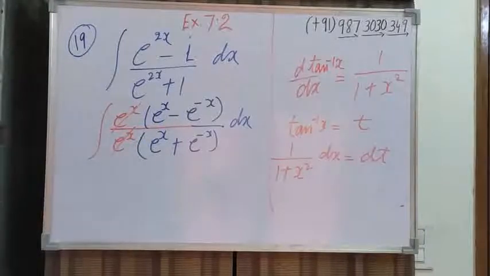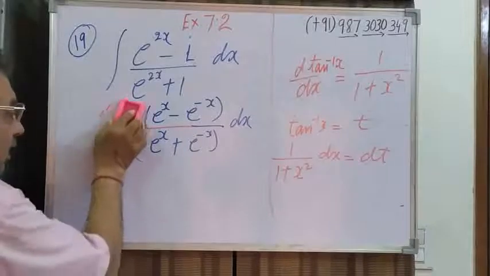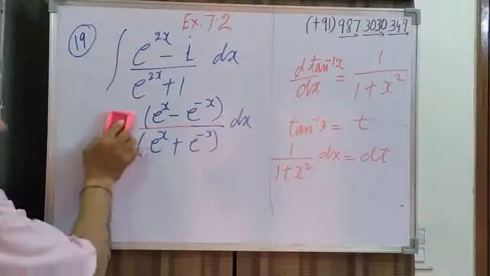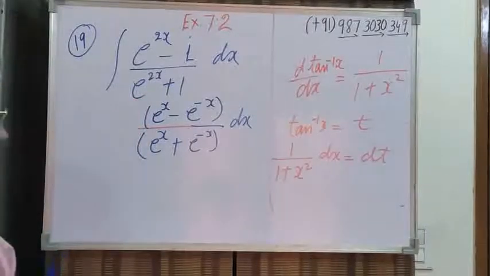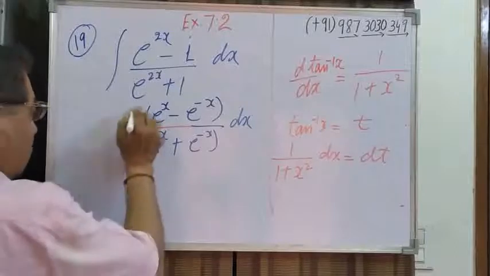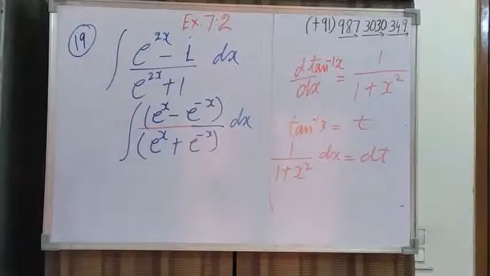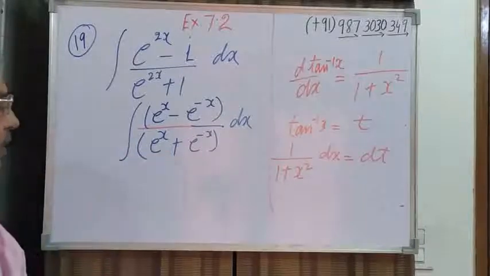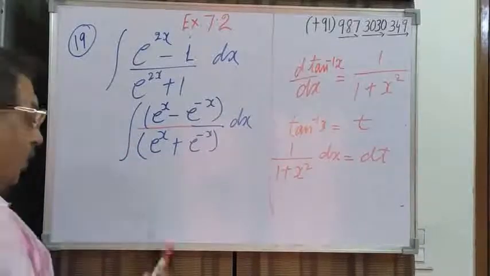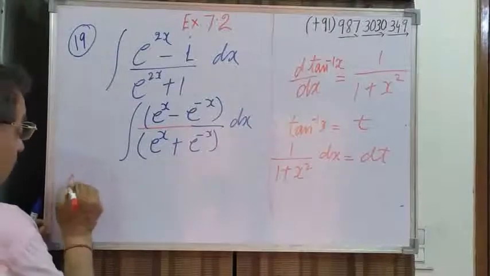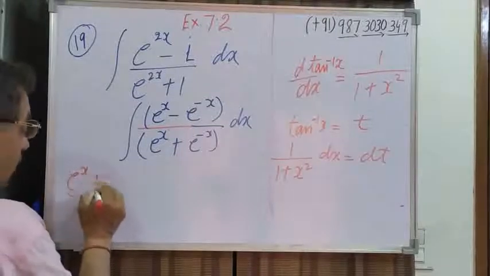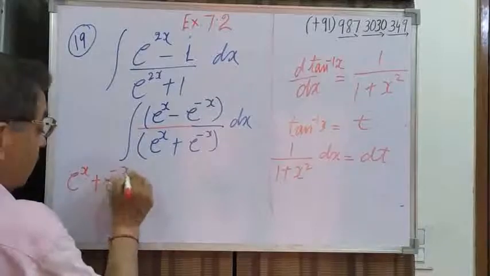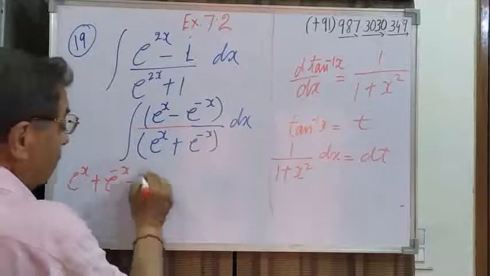What does the question become? It becomes the integral of e to power x minus e to power minus x over e to power x plus e to power minus x. Now we observe, this is a function and its derivative. Let us take e to power x plus e to power minus x equal to t.